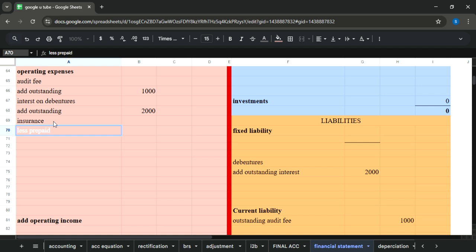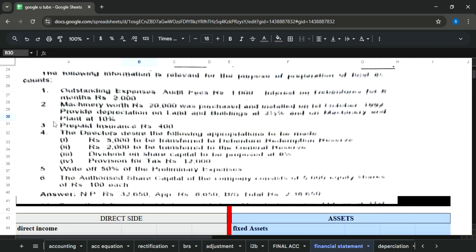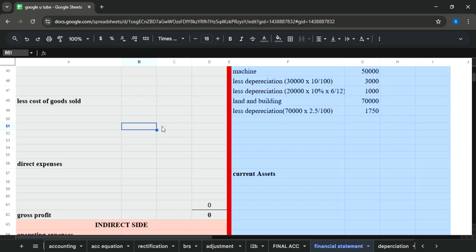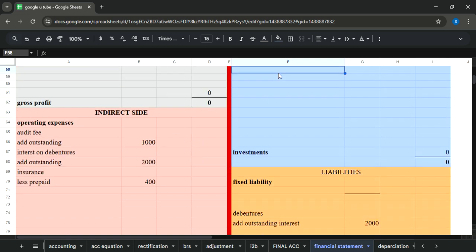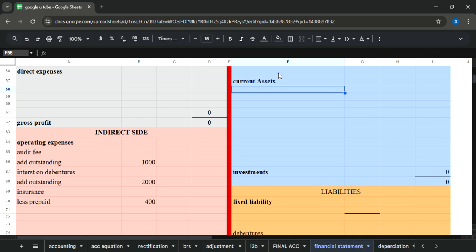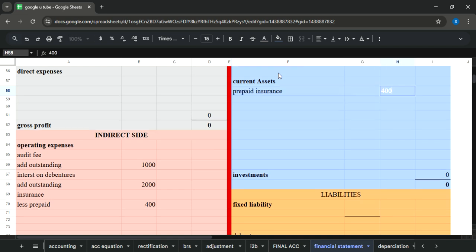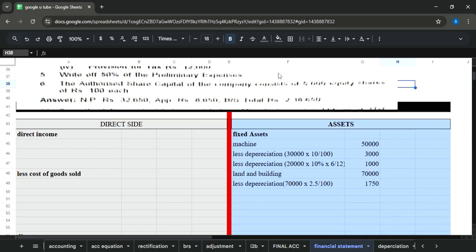The amount of prepaid is mentioned in the adjustment, which is 400. Just write down 400 in operating expenses, and then you will go to the current asset side and mention prepaid insurance. The amount is 400. Adjustment number 3 is completed.